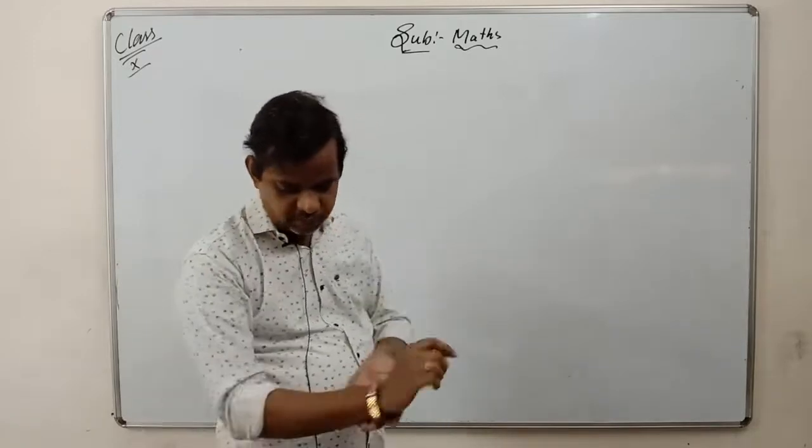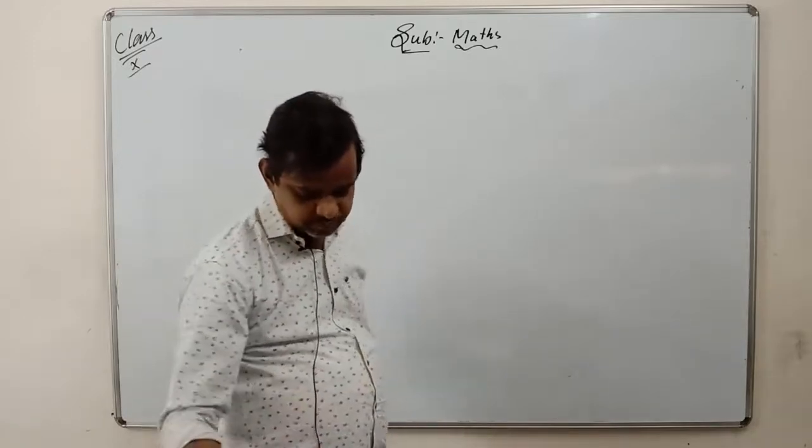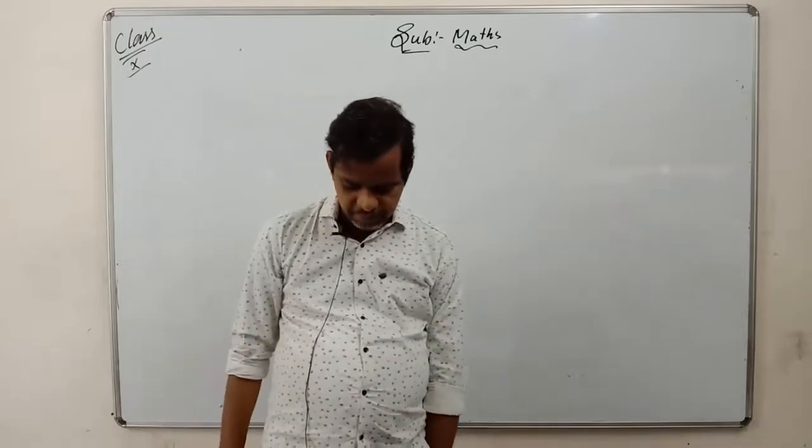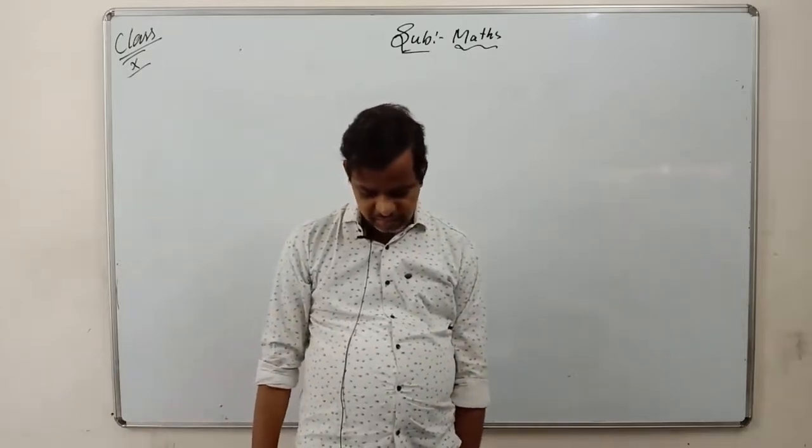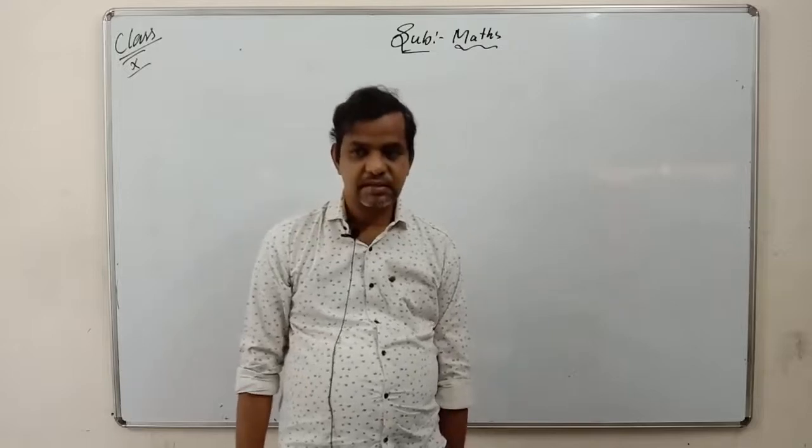Next we'll go to the fourth one. The question is, which term of the AP 3, 8, 13, 18 is 78?